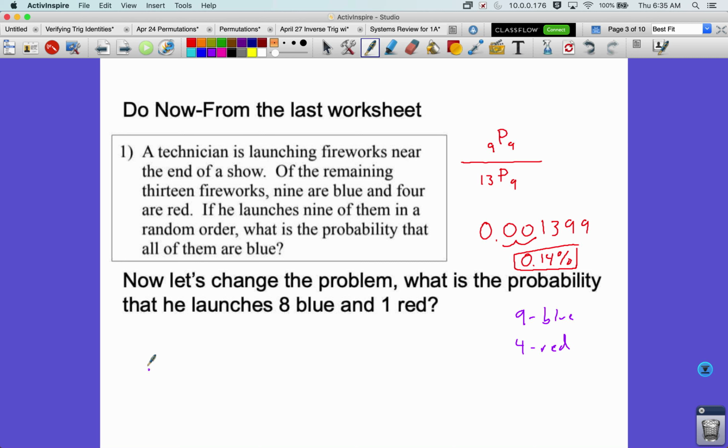So let's say the very first one we launch is blue. What's the chance of that? Well, it was a 9 out of 13 chance. The next one we launch, we'll say it's another blue. That was an 8 in 12 chance because one firework is gone and one of the blues is gone.